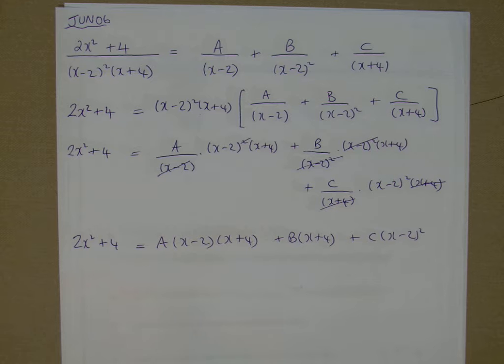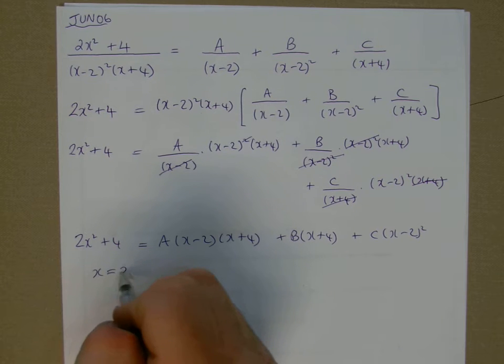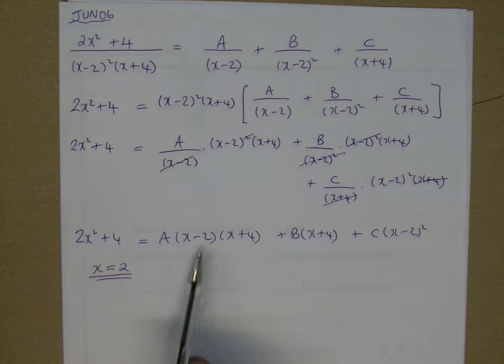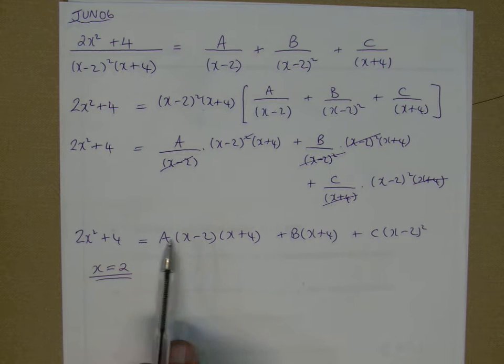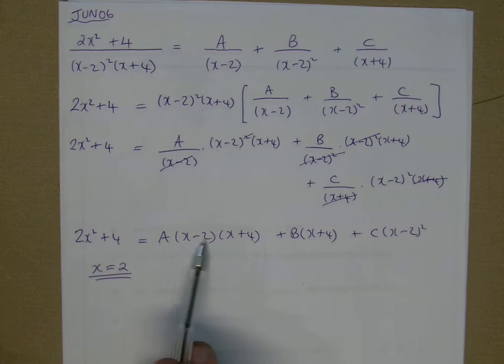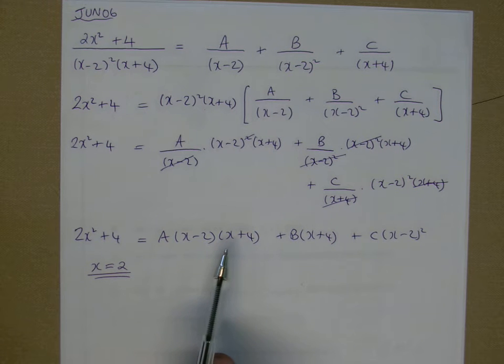All the algebra work has been done, and to do that we'll set x to be a certain value. The most sensible value to start with is x equals 2, because x minus 2 will become 0. The A term becomes a times 0 times 6, which is just 0, so it goes.